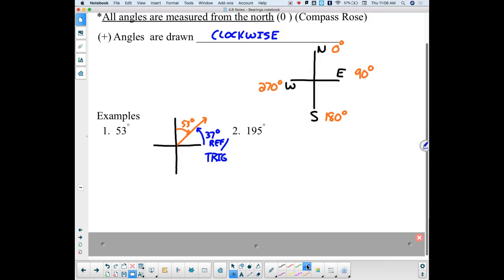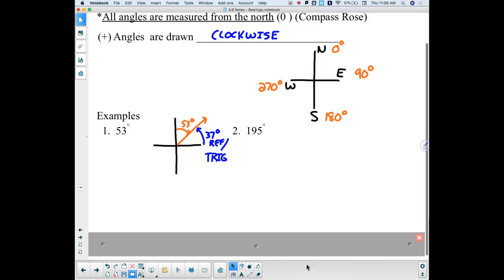So it's different thinking. We got to start up top. That's where 0 is.